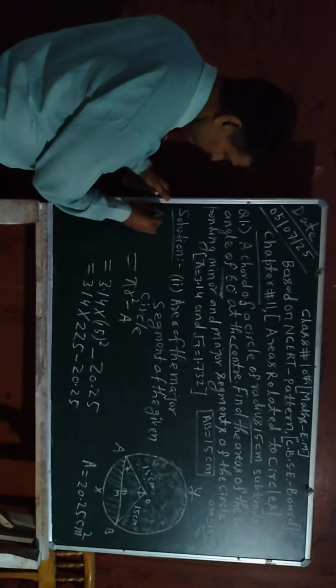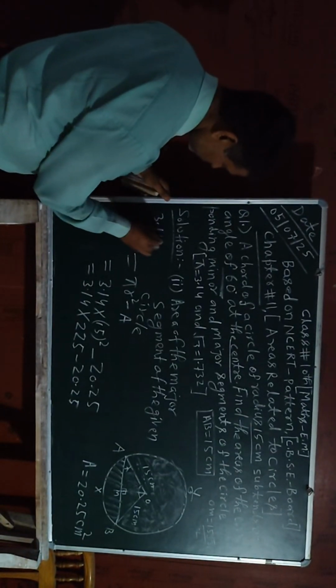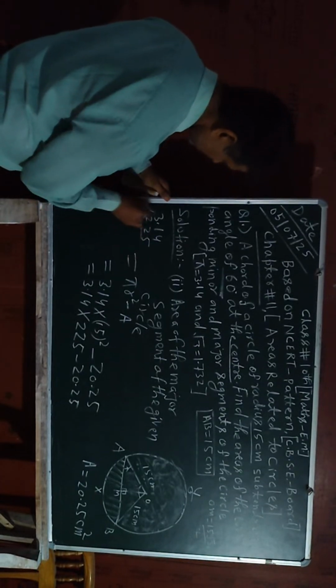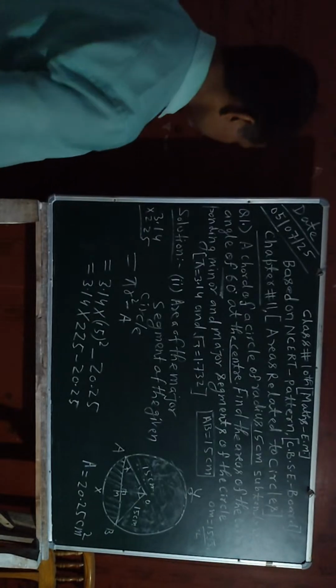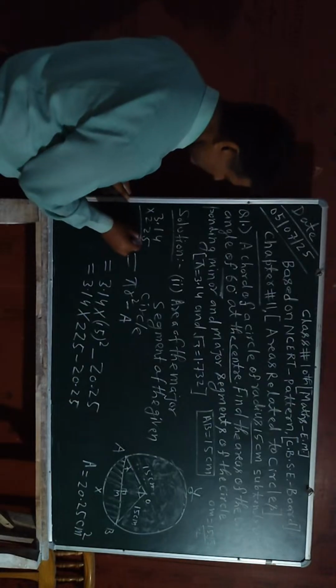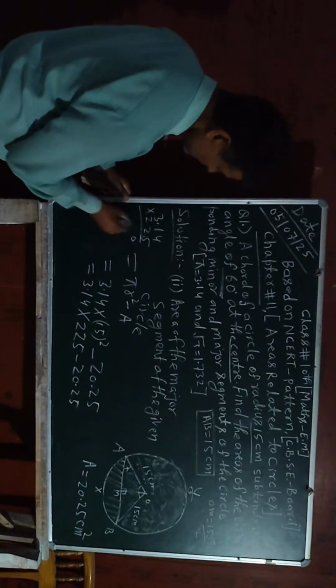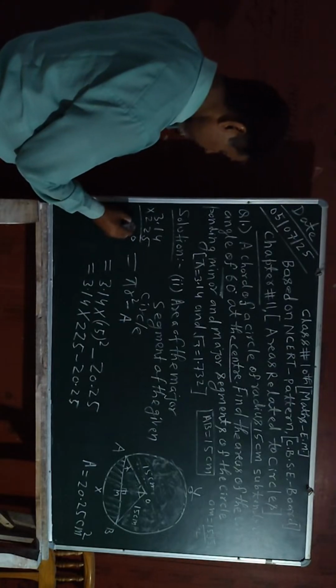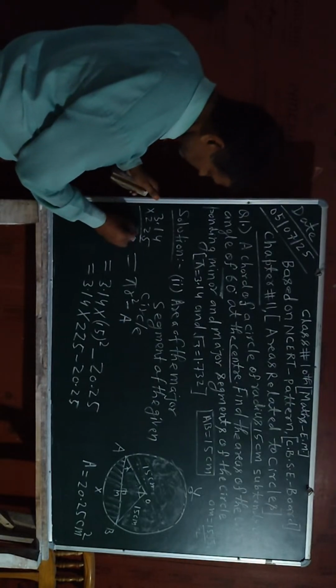So I will multiply 3.14 divided by 2 to 5. Here I have to multiply it. In 4 5, here I will write 4 5 20. Here 5 5 1, 5 5 5 1 5, and plus 2 7.